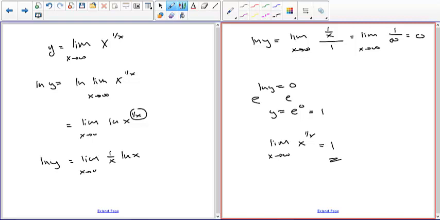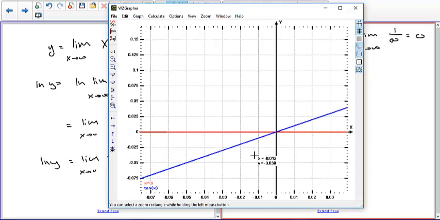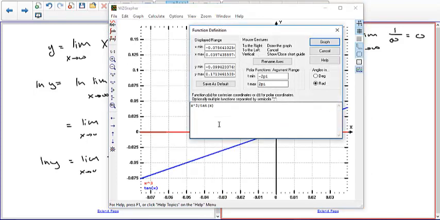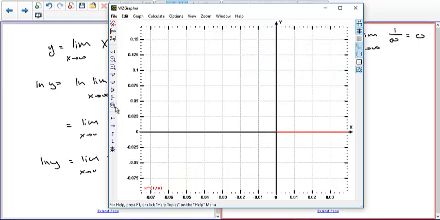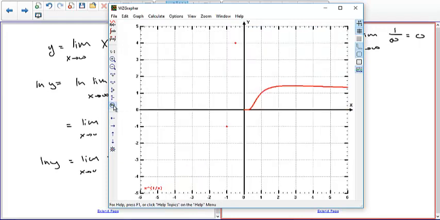So let's look at that function. If you look at x to the 1 over x power, we'll graph it and see if it actually does equal 1. So you have x raised to the 1 over x power. Graph that. So that's what it looks like.